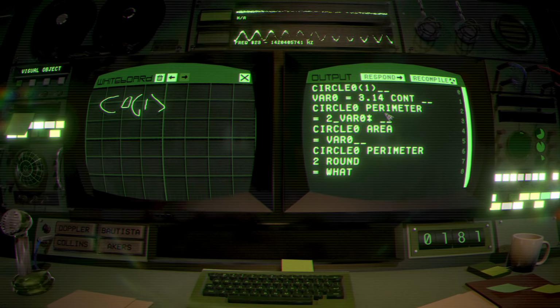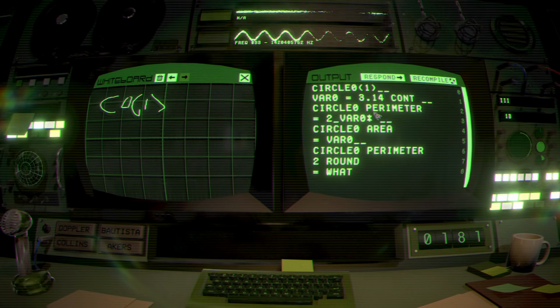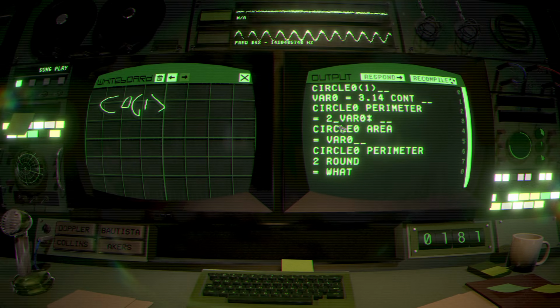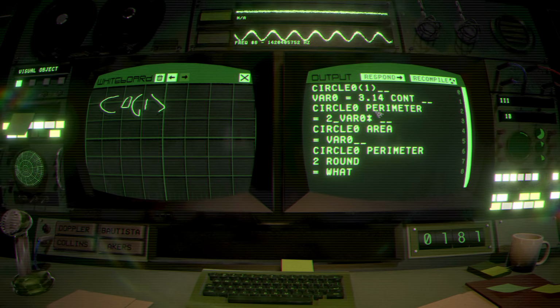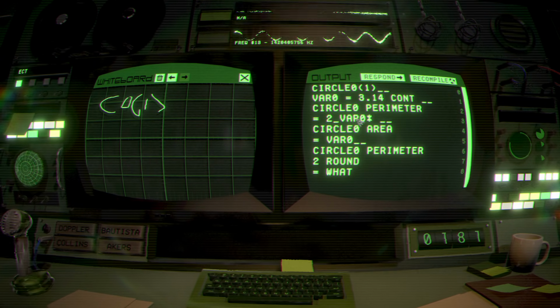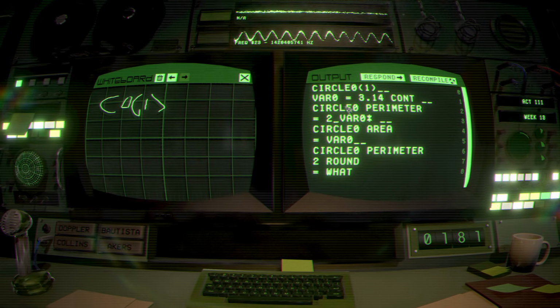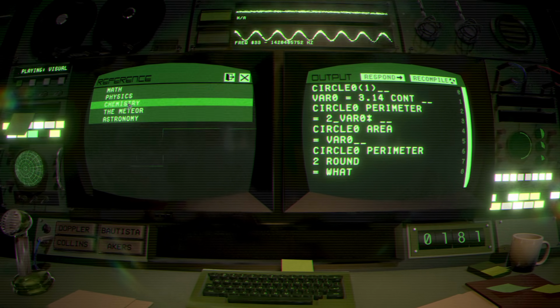Variable 0 is pi. So circle 0 perimeter is... the perimeter of circle 0 equals 2 times pi. I don't think that's quite true though.